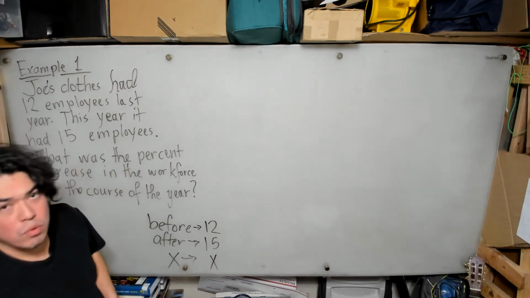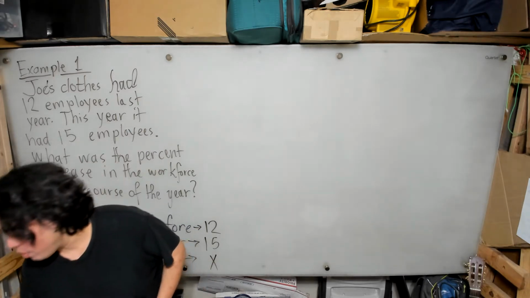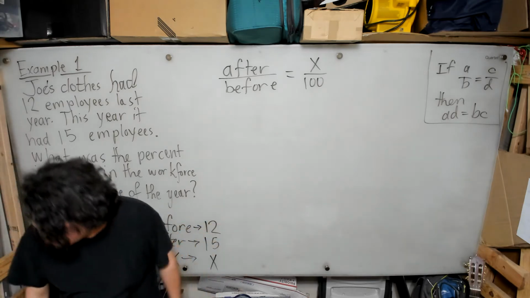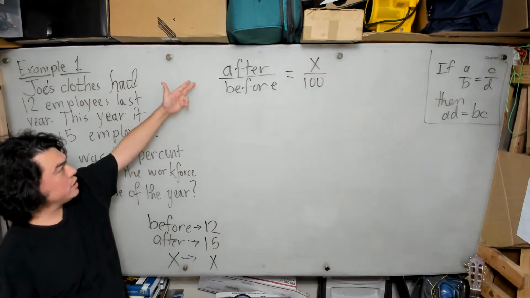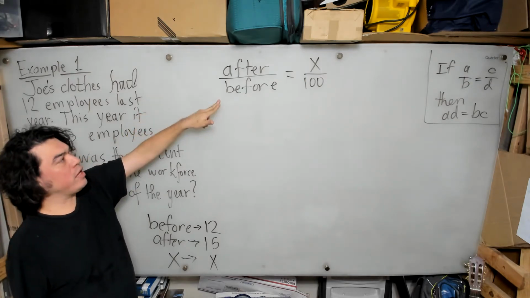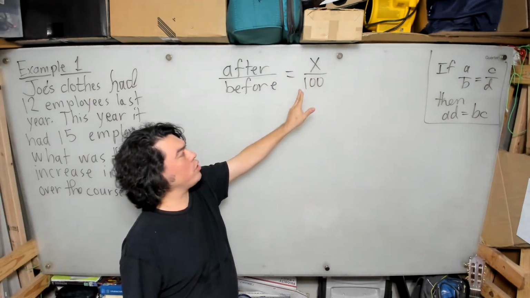Now we're going to bring back to mind our proportion for solving this kind of problem. We recall that it goes like this. The value of interest that is after, divided by the value of interest that is before, equals X over 100.